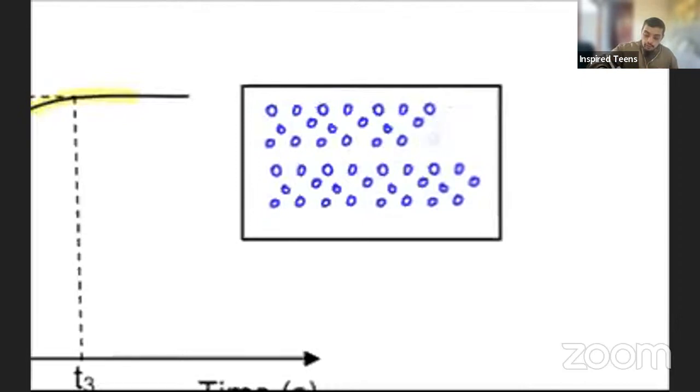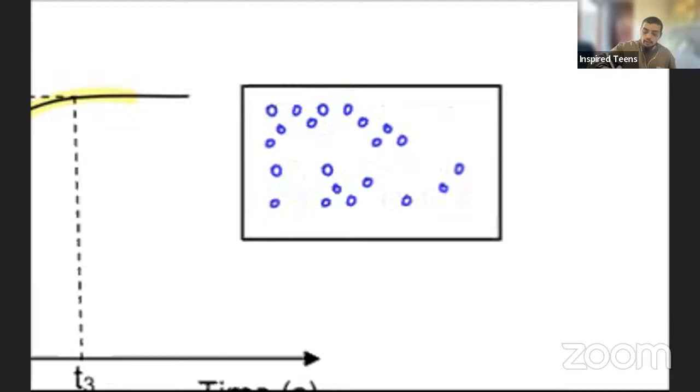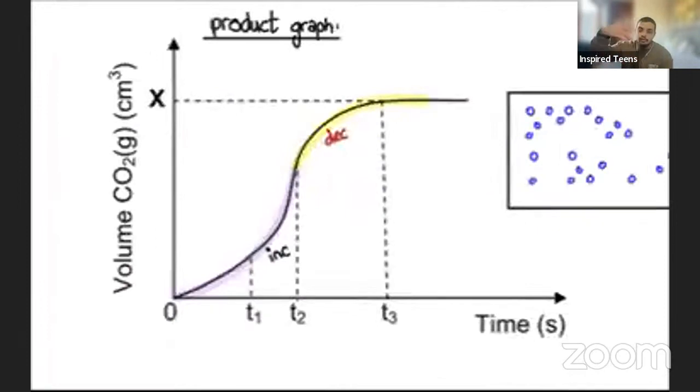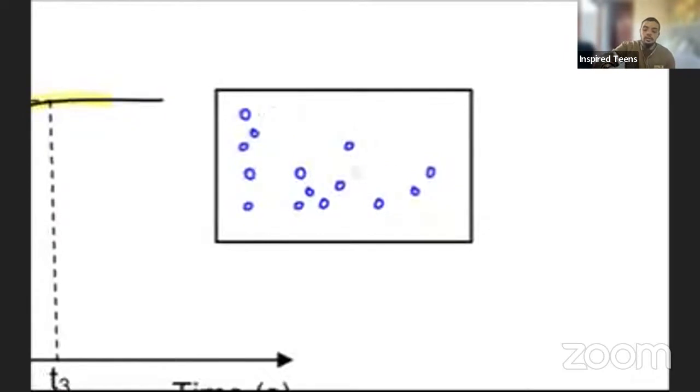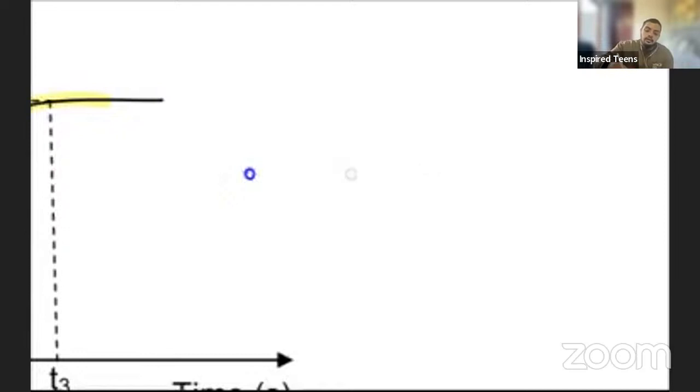But once they start being used up to form products, eventually you can see the concentration of these things is decreasing. That's why the reaction rate starts off high and then it slows down, because now the concentration decreases. If there's a lower concentration, remember, according to collision theory, the fewer particles there are, the fewer particles there'll be to collide. So the rate of reaction would be super slow. So just keep that in mind.